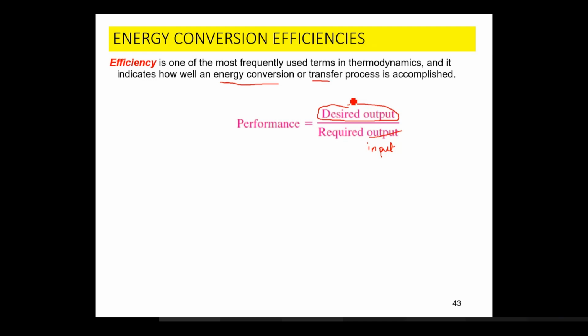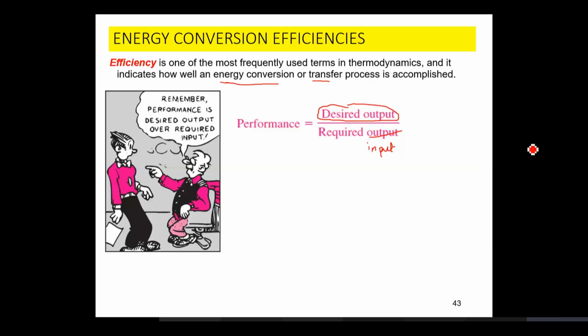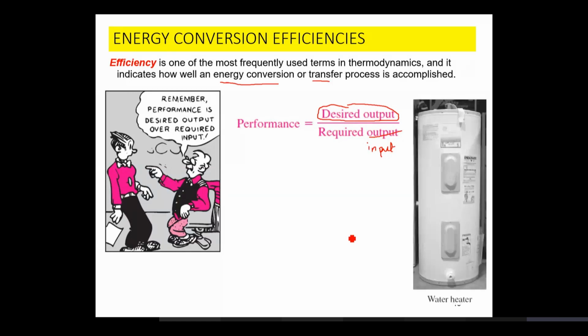All right. Let's say I go to market and I ask for a water heater, which is an electric water heater. An electric water heater, you know, operates on electricity. And the salesperson tells me that the electric water heater has an efficiency of 90%.